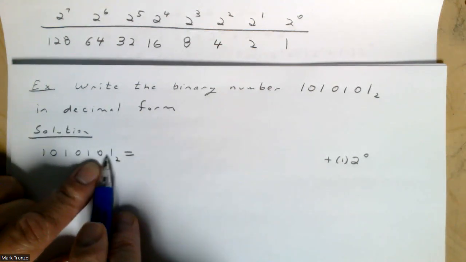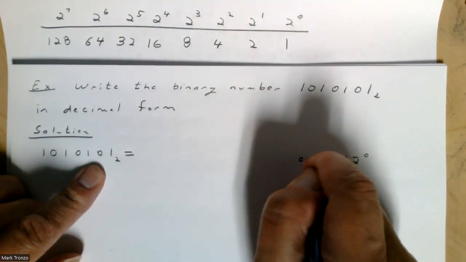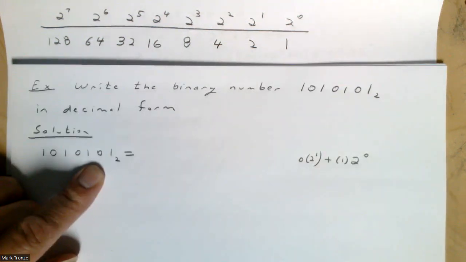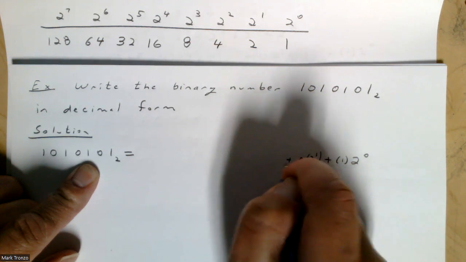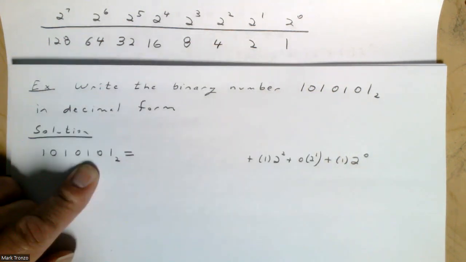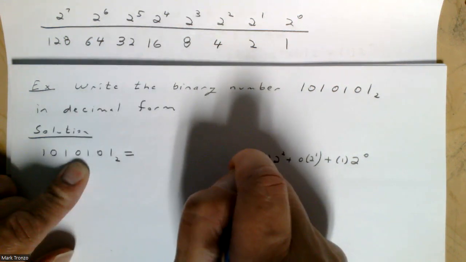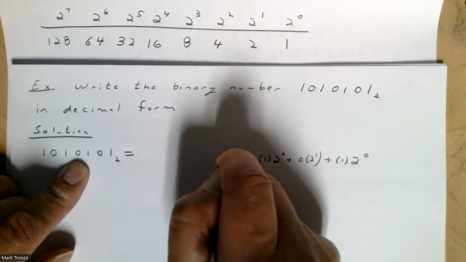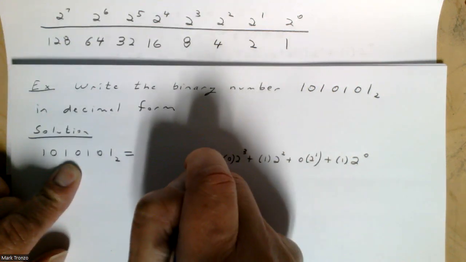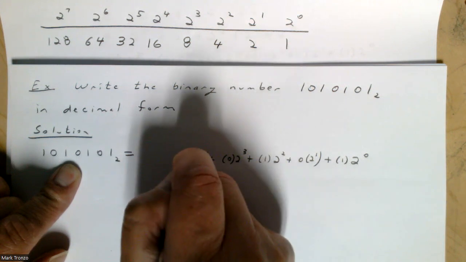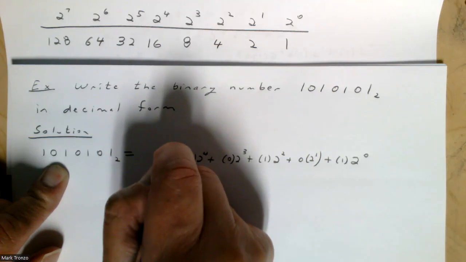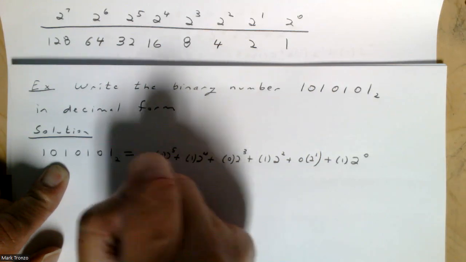And that's times 1. The next one is 0 times 2 to the first. 1 times 2 to the second. 0 times 2 to the third. 1 times 2 to the fourth. 0 times 2 to the fifth.